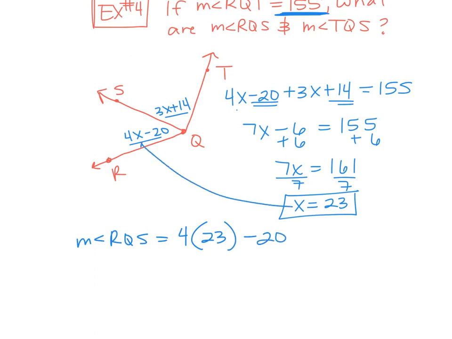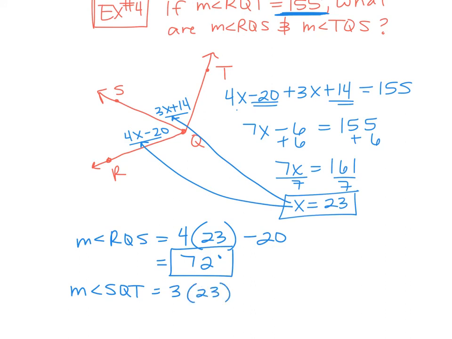So I'm just plugging x in here, and then I'm going to plug x in here also. So 4 times 23 minus 20 gets you 72 degrees. The measure of angle SQT is going to be 3 times 23 plus 14. So simplify that, and SQT comes out to 84 degrees. So that would be SQT.